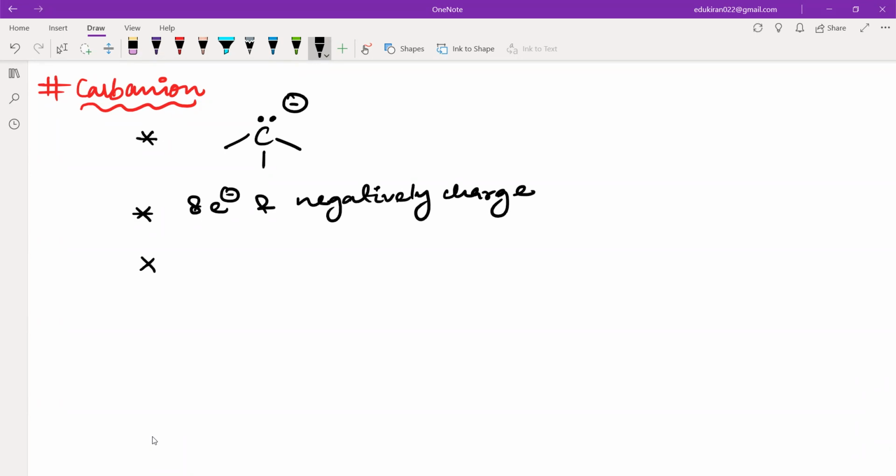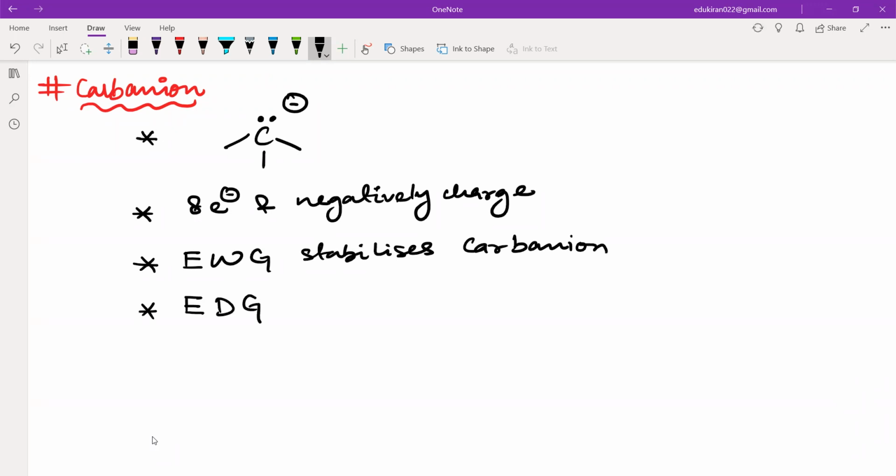The negative charge is the problem, and hence stability, if I take the electrons, it will be happy because I'm taking the negative charge. So an electron withdrawing group stabilizes carbon ion, and electron donating groups, where I'm giving more electrons, destabilize carbon ion.